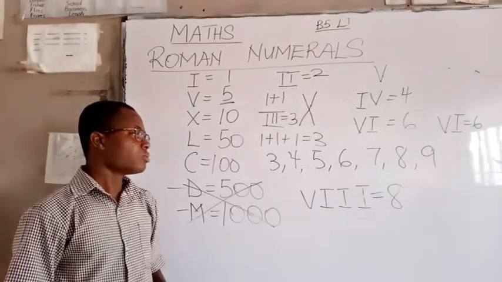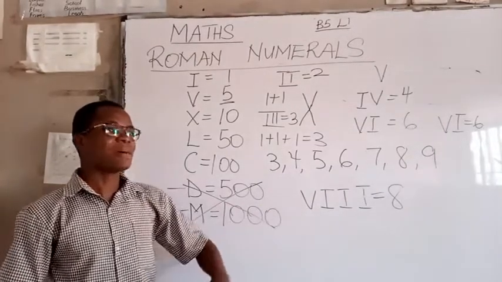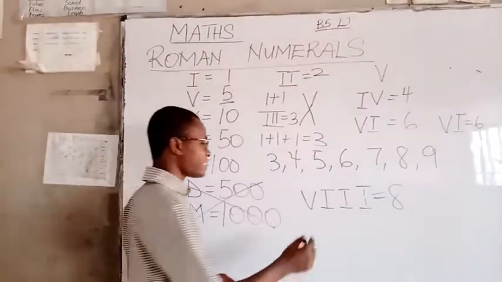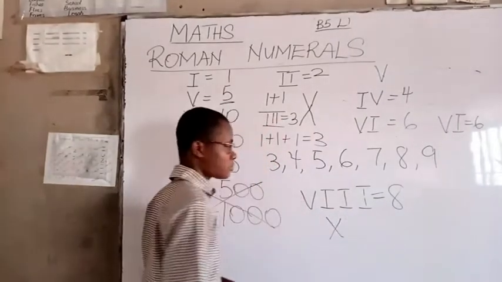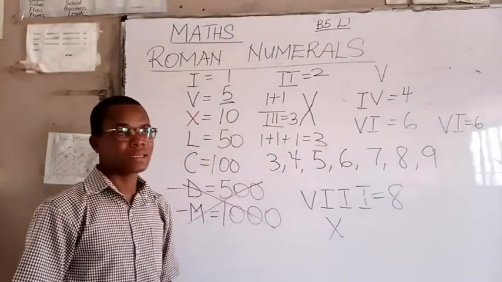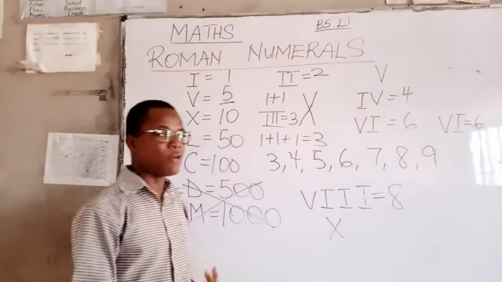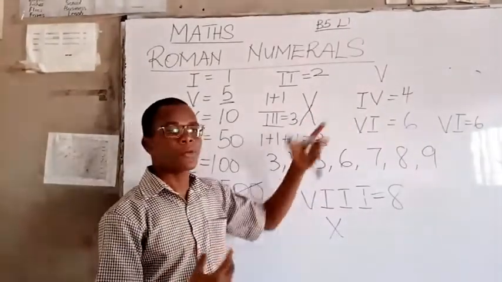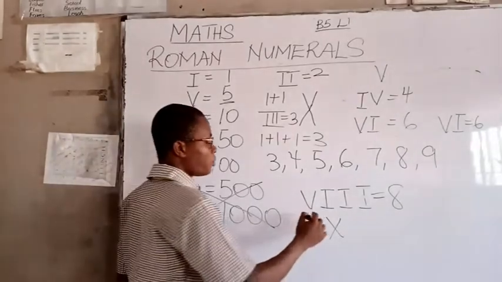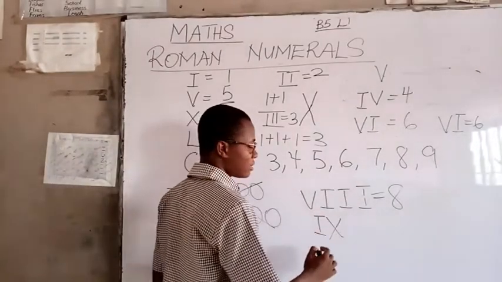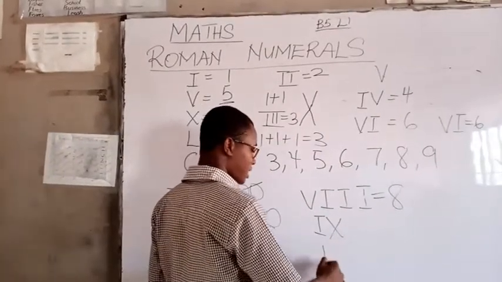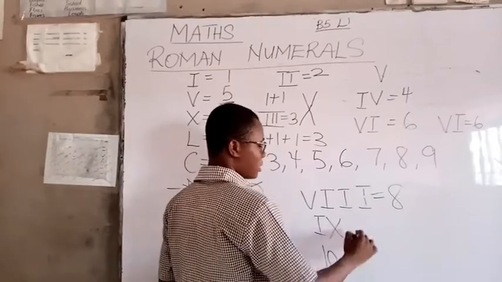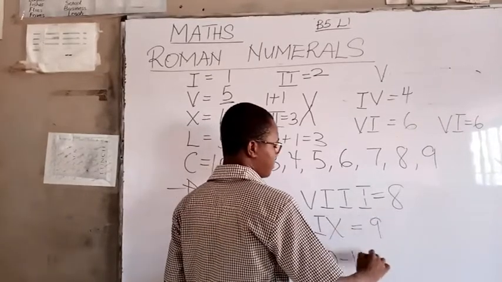So from V, what's the next major symbol we have? That's X. And X means 10. So from the concept we learned from 4, we put I before the X, which means 10 minus 1, giving us 9.